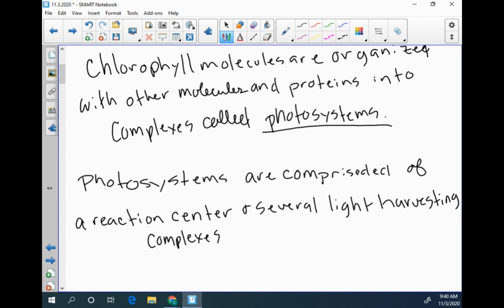So all those chlorophyll molecules and all those other associated molecules and proteins are organized into a reaction center complex and a light harvesting complex.